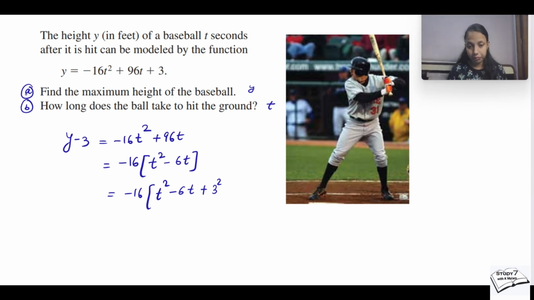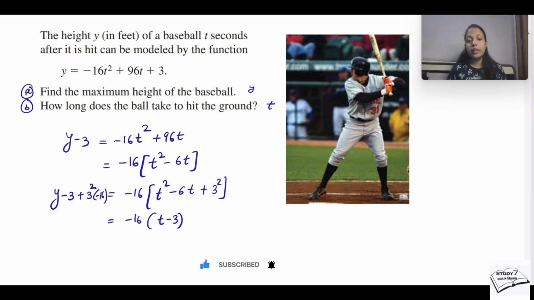So y minus 3 as it is. Here I add 3 square. No doubt here I have to add 3 square also. But because negative 16 was outside, I have to take this minus 16.